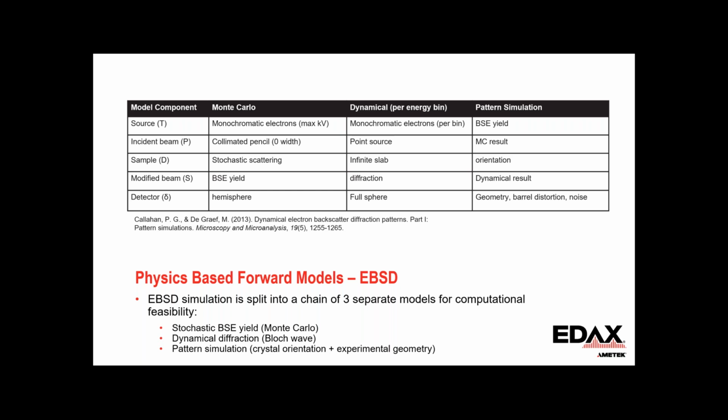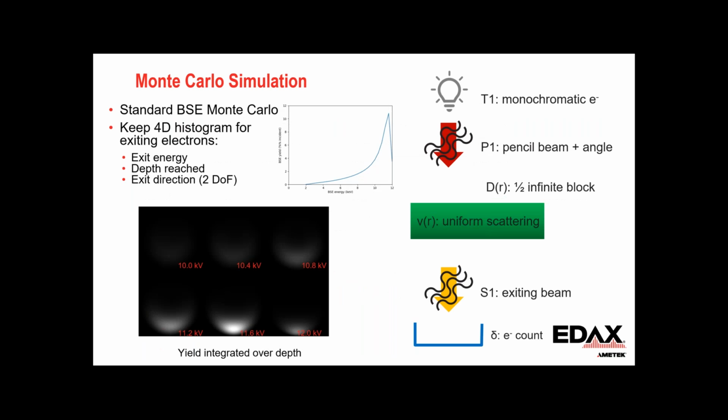So I'll step through each one of those just so you can understand how we go from a sample and a description of the experiment to a simulated pattern. So the Monte Carlo simulation is a standard backscatter Monte Carlo. There's a huge number of free implementations of this available if you ever want to play around with it.